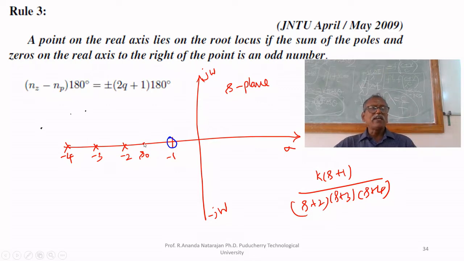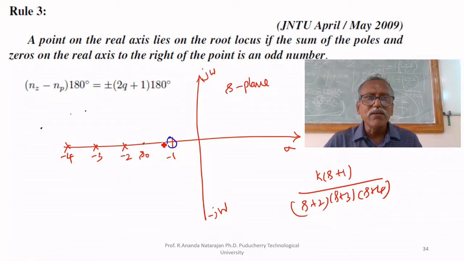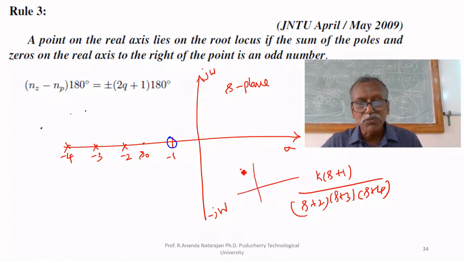Whether this point is on the root locus or not, how to check? We have already seen the Evans condition. We will draw a line from that point to all poles and zeros and measure the angles theta 1, theta 2, theta 3.